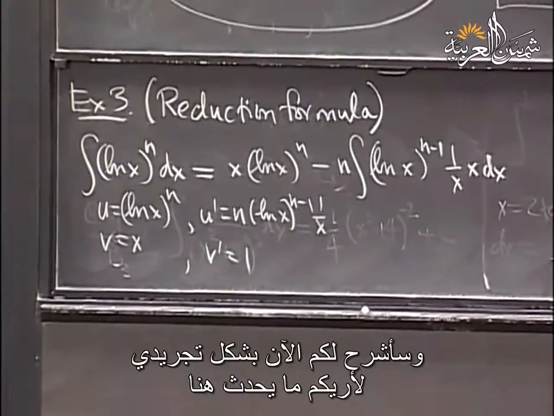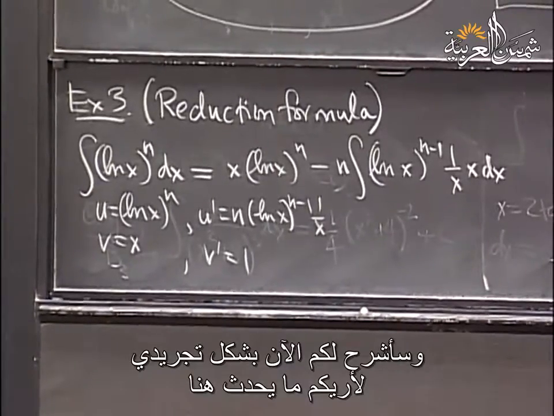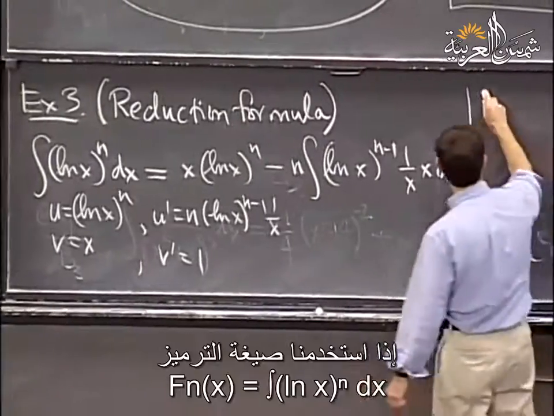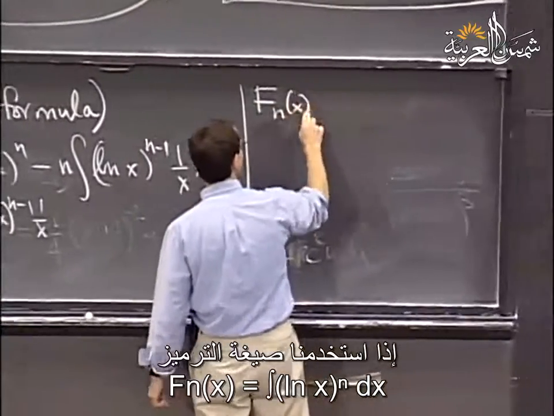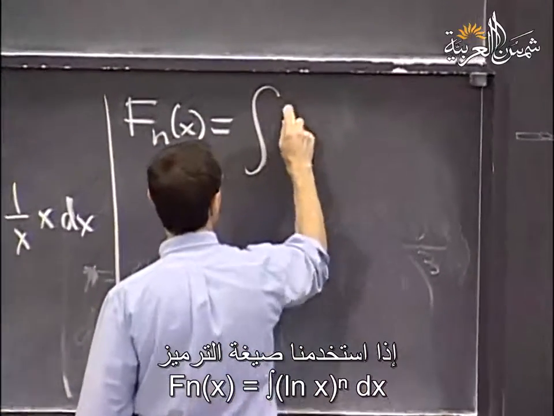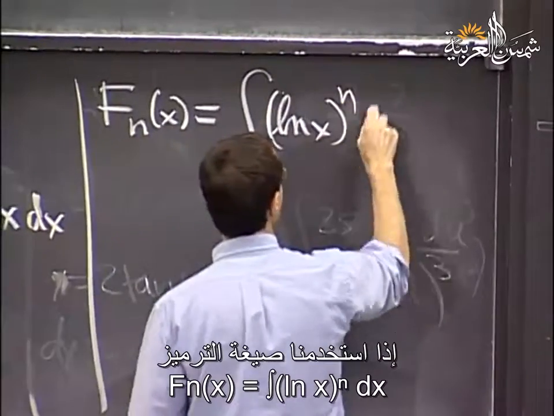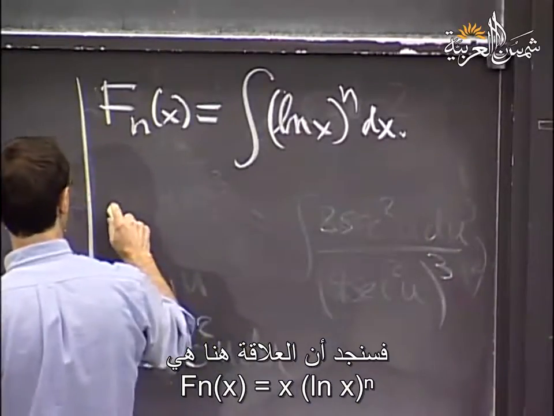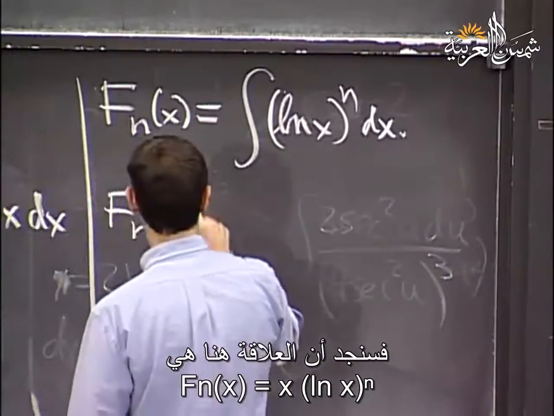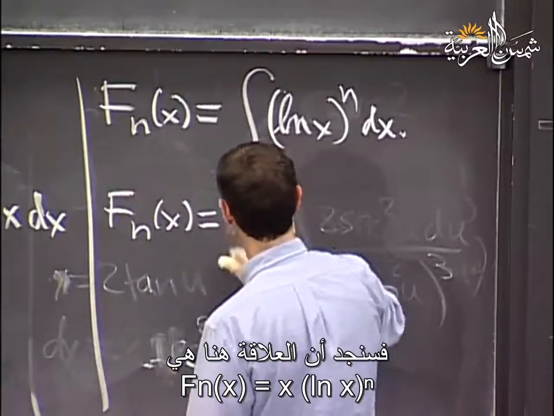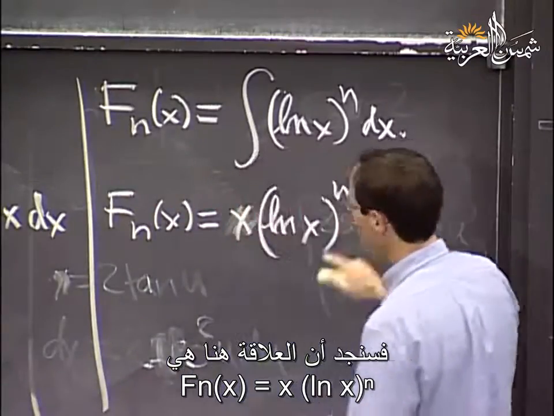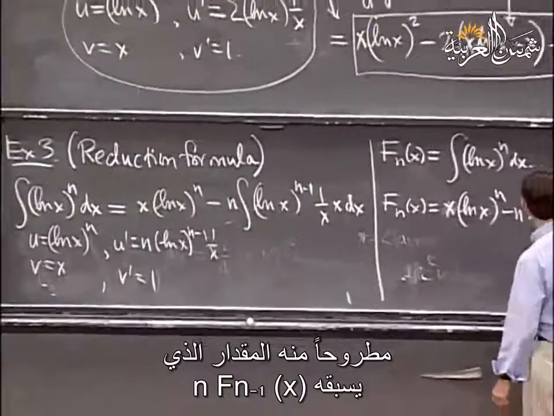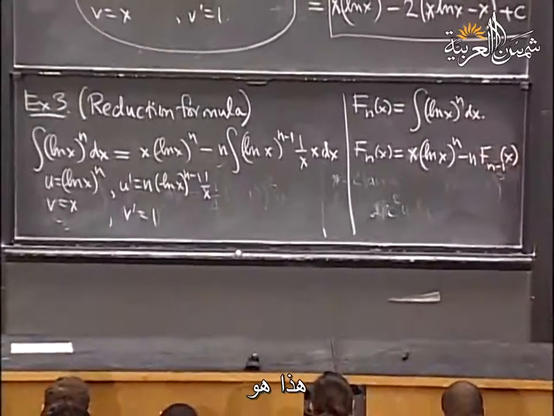So I'm going to explain this also abstractly a little bit, just to show you what's happening here. If you use the notation f n of x is the integral of log x to the nth power dx, and we're going to forget the constant here, then the relationship that we have here is that f n of x is equal to x log x to the n, that's the first term over here, minus n times the preceding one, this one here.